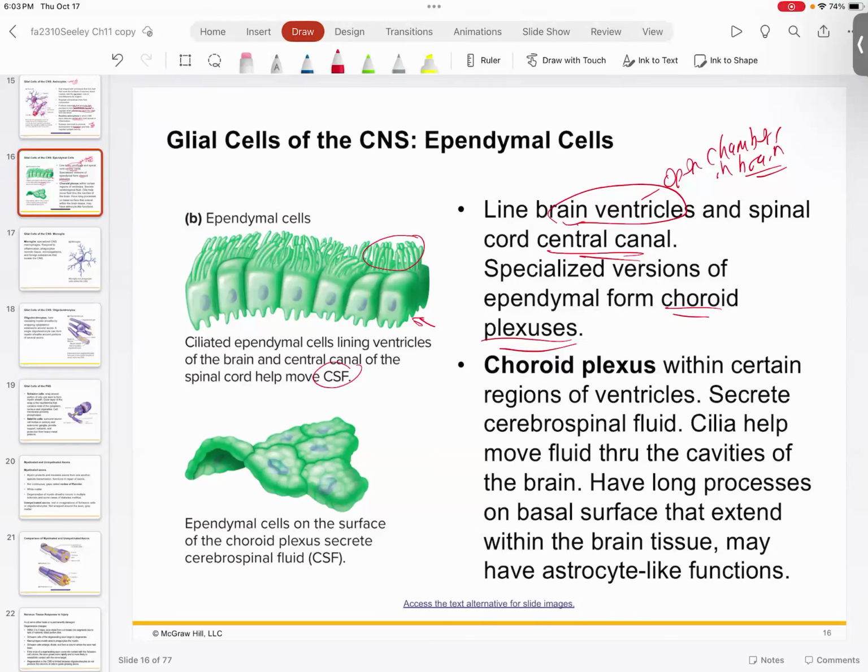On the choroid plexus, you have a specialized group of these ependymal cells, and their job is to actually make the cerebral spinal fluid. So the choroid plexus actually produces the cerebral spinal fluid. It secretes that cerebral spinal fluid into the ventricle, and then the cilia help move the fluid through the cavities, the ventricles of the brain.